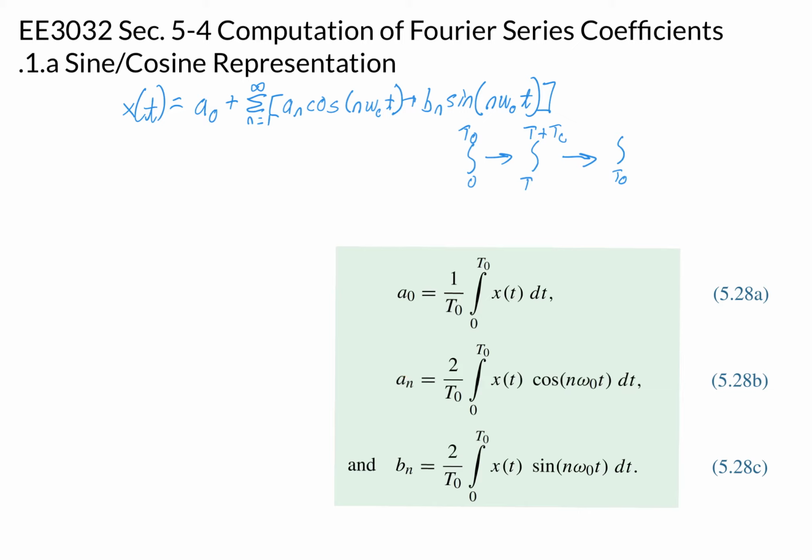The a, which is the coefficient of the cosine, is found by taking that same building block function or basis function, cosine of n omega naught t, and multiplying it point by point by the function x, integrating over one period, dividing by the period, similar to what we did for the DC to get an average, and then multiplying by 2.